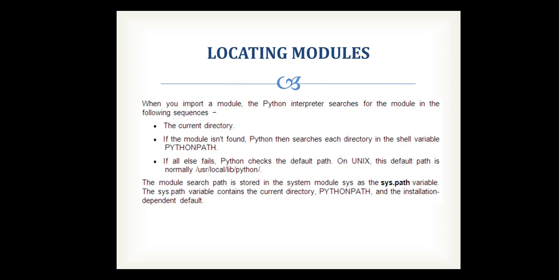On Unix, this default path is normally /usr/local/lib/python/. So it searches the default path. The module search path is stored in the system module sys as the sys.path variable. The sys.path variable contains the current directory, PYTHONPATH, and the installation-dependent default.